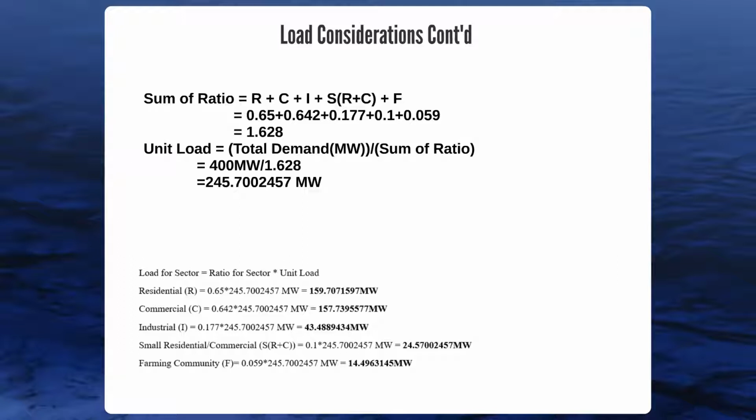So for finding the load, for example, for the residential area, all we did was multiply the ratio used for the residential load by the unit load, and that resulted in 159.7 megawatt. Same method where we multiply the ratio of the load by the unit load.